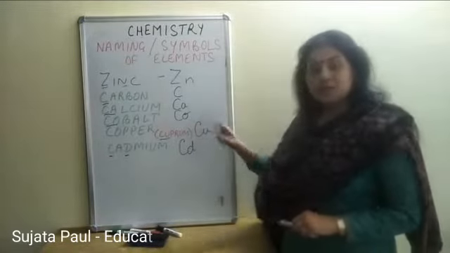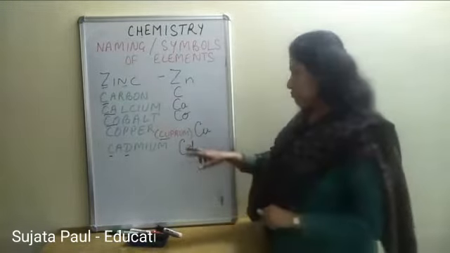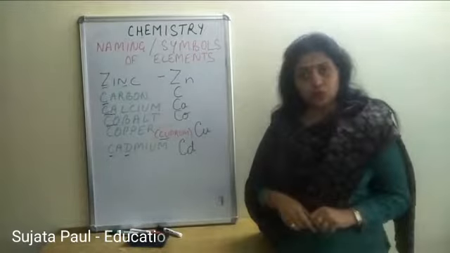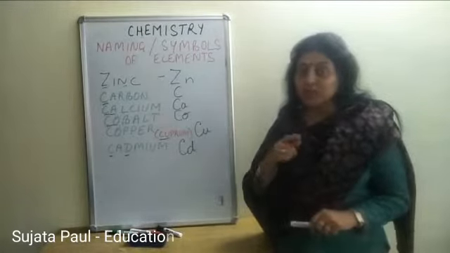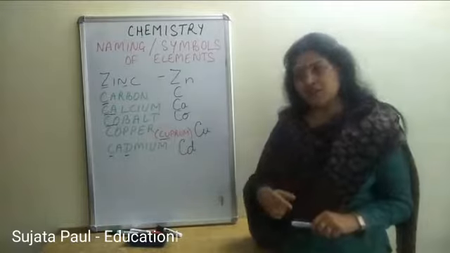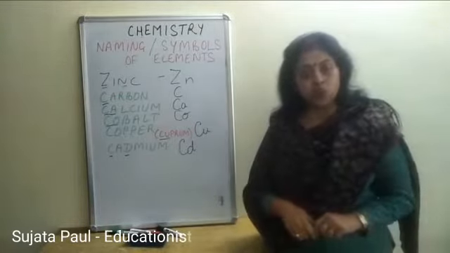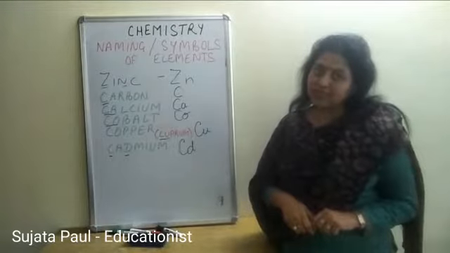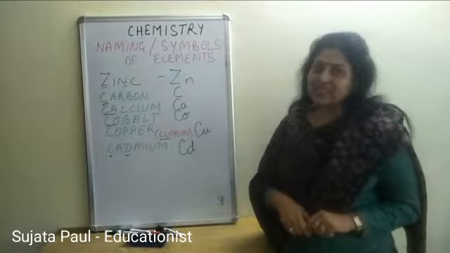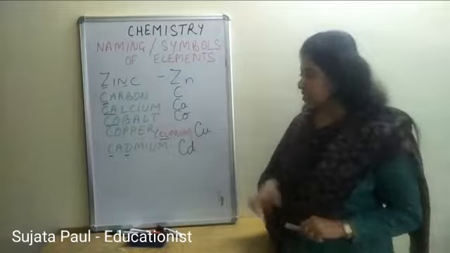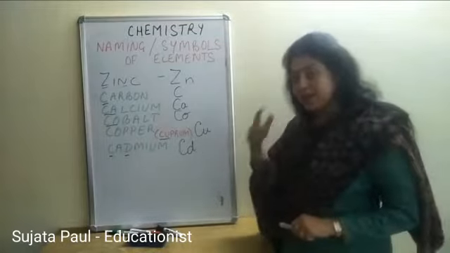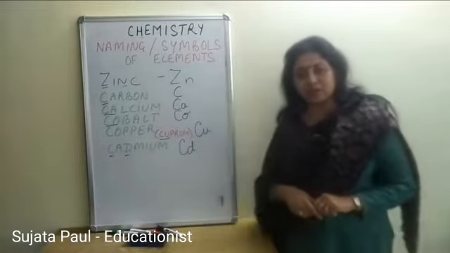So it becomes Co. And here also, cuprum. It is the U which you are emphasizing on, and that's why this becomes Cu. Cuprum is copper, the symbol is Cu.